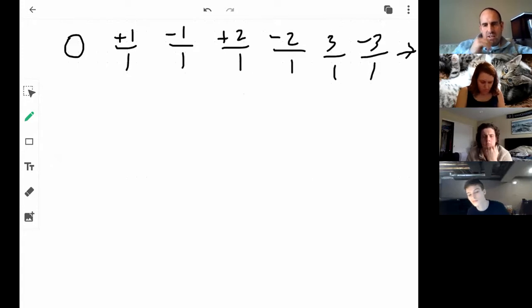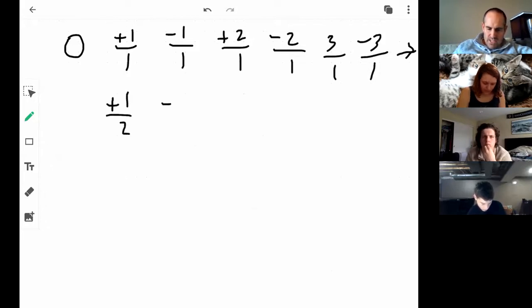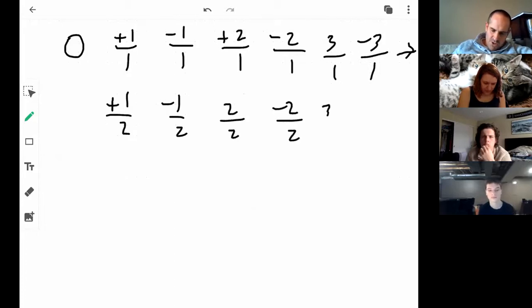But then, what about all the ones that have a 2 in the denominator? So like this: plus 1 over 2, negative 1 over 2, 2 over 2, negative 2 over 2, 3 over 2, negative 3 over 2, and on it goes forever.